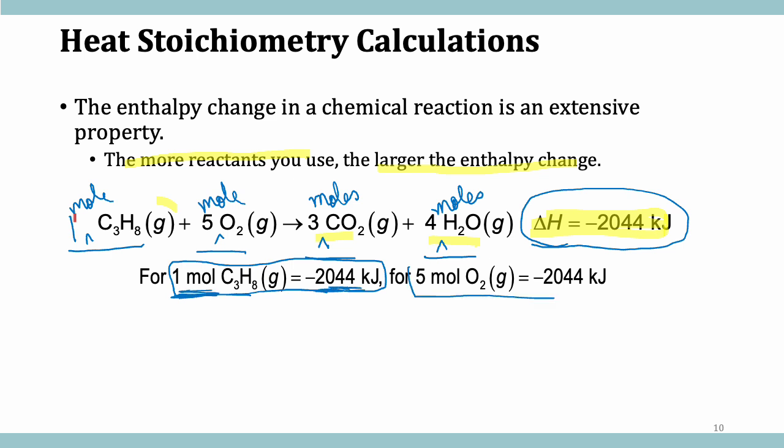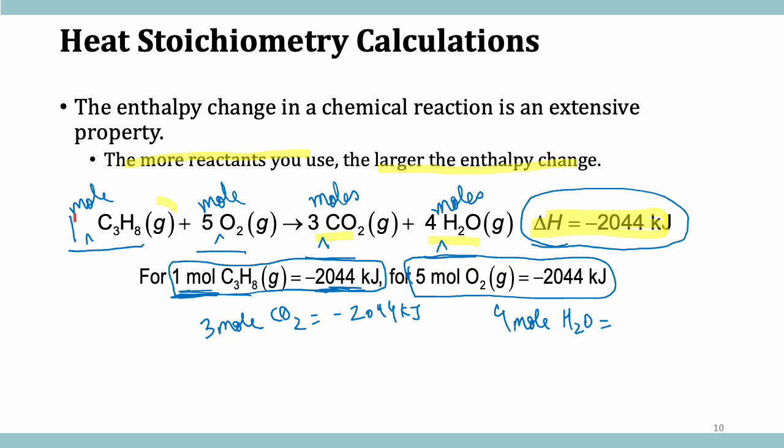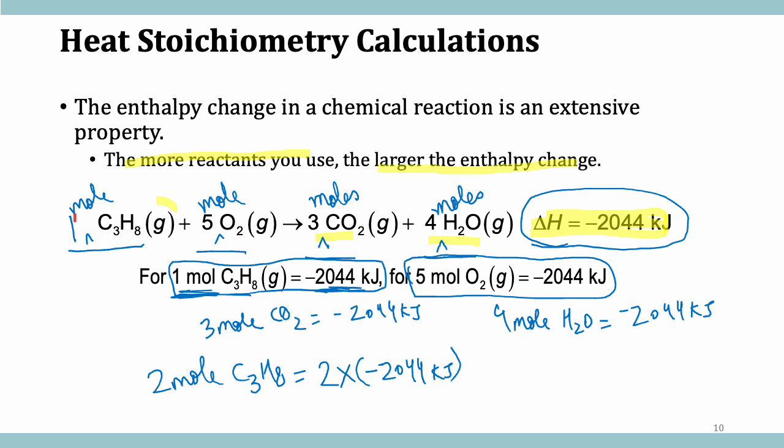For 5 moles of oxygen, the heat is negative 2044. For 3 moles of CO2, the heat is negative 2044 kilojoules. For 4 moles of water, the heat is negative 2044 kilojoules, which simply means if instead of 1 mole, let's say I want to do 2 moles of C3H8, the amount of heat is going to be 2 times negative 2044 kilojoules, because this heat is for 1 mole.